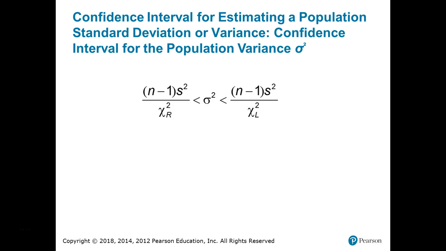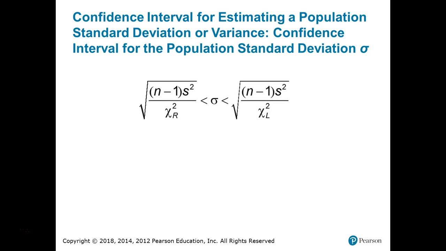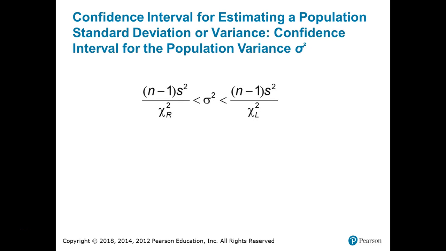The confidence interval is a little different. Because it's asymmetric, you can't just say it's the sample variance or sample standard deviation plus and minus the margin of error like we did previously. Here's how we calculate the actual confidence interval for population variance, and then here is your standard deviation. Note that the standard deviation is just the square root of the variance.